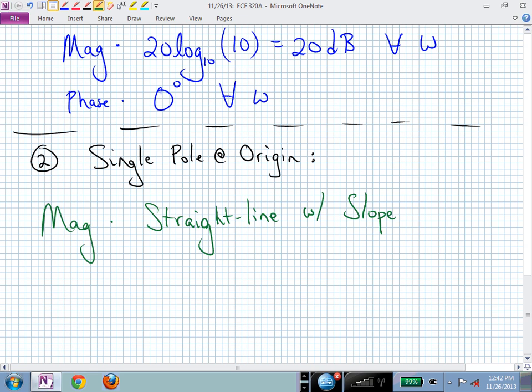So this has a slope equal to minus 20 dB per decade. Now that we could locate anywhere, but we can't locate it anywhere, so we need to tell you where to pin it on the diagram, and that's what this crossing point says. It crosses this 0 dB line at what frequency?